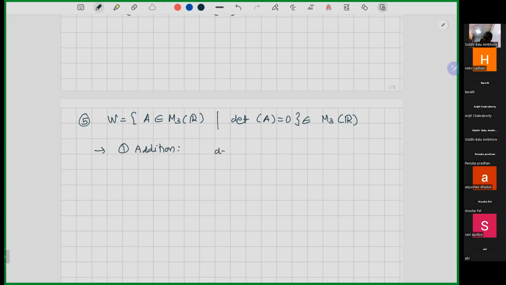So let A and B be in M3R with determinant of A equal to 0 and determinant of B equal to 0. Meanwhile, others please keep thinking whether this is a vector subspace of M3R or not.